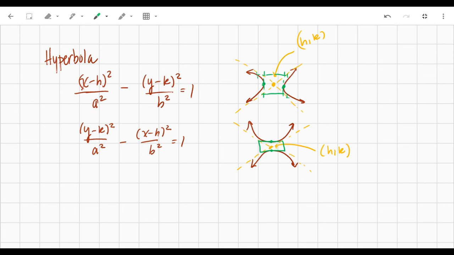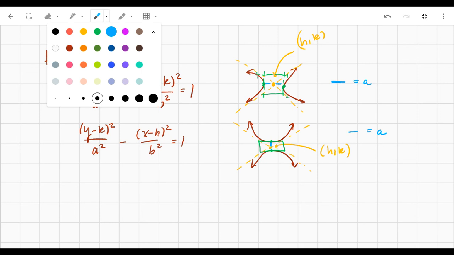And then when it's horizontal like that, when it's the top one, your a value, I'm going to just color code it. This is a. So from your center to the hyperbola, to one of the branches there. So this is also a. That's your distance a.